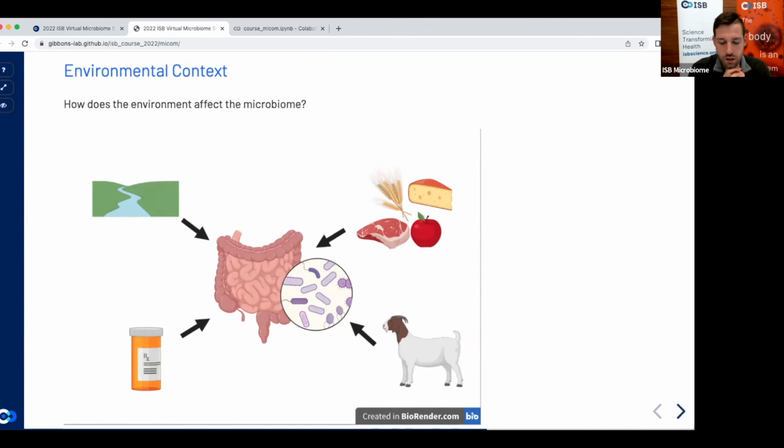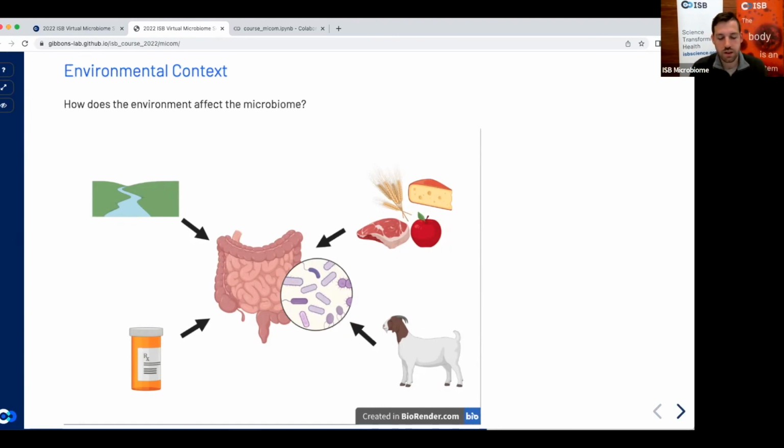Drug use, for instance antibiotic use, can drastically change the composition of the microbiome and cause large shifts in composition and then ultimately in the growth behavior of the microbiome. Exposure to pets and other animals can introduce new microbes into the microbiome and again change its composition and therefore its metabolic behavior. And then finally, diet is one of the most important contributors to this environmental context and can drastically change both the composition and the metabolic behavior of the microbiome.